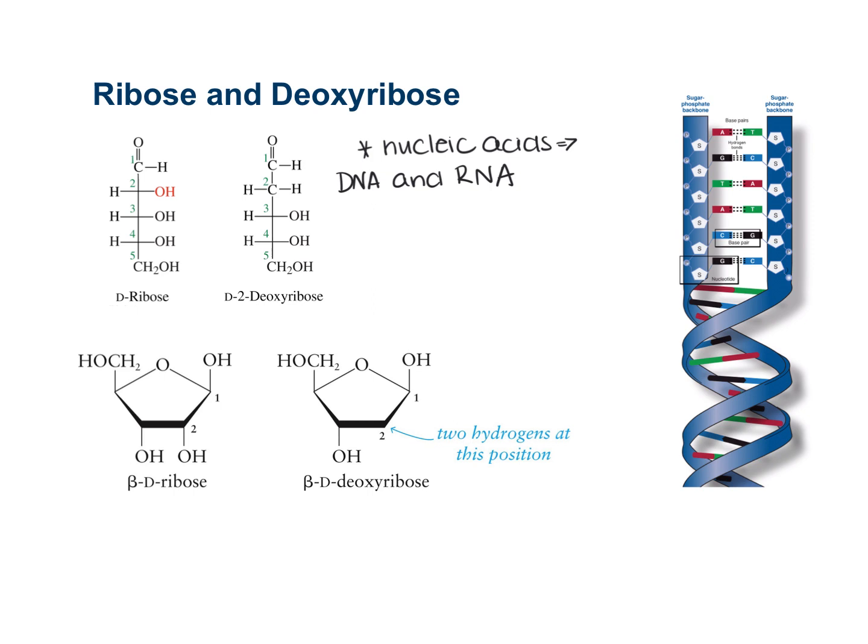Ribose, along with a phosphate group, forms the long chains that make up ribonucleic acid. So this is what we find in RNA. And then deoxyribose, along with the phosphate groups, forms DNA.